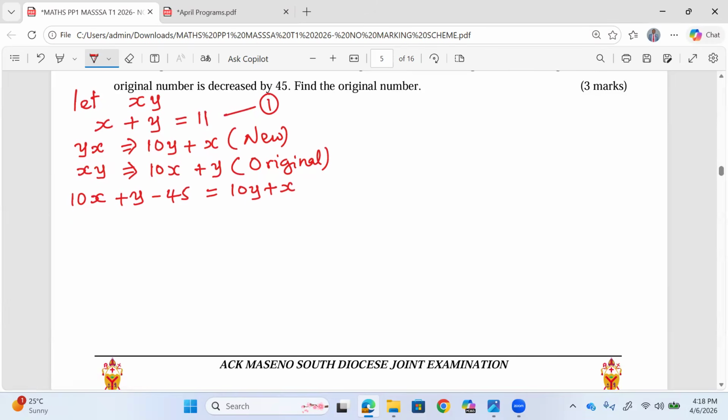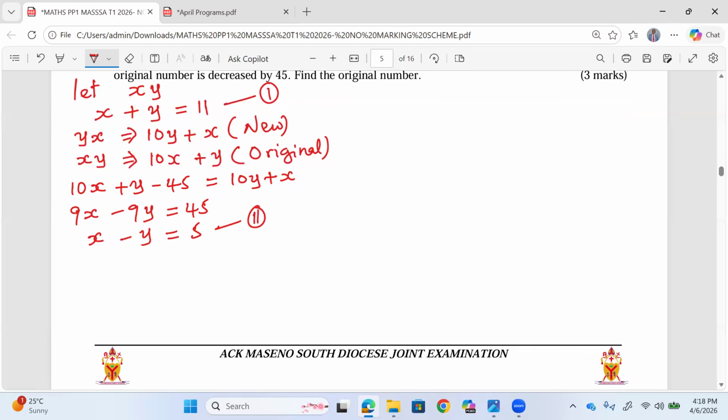Now we can group a few terms to have an organized second equation. So 10x minus x becomes 9x, and y minus 10y, because it is on the other side, equals 45. Because 9 is common, this equation can simplify still. By 9, we get x minus y equals 5. This is our second equation.